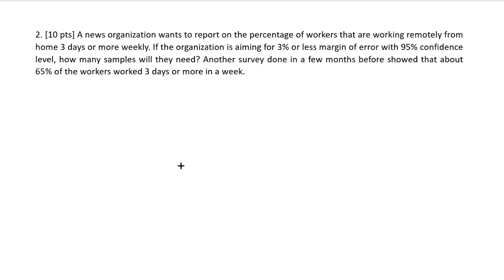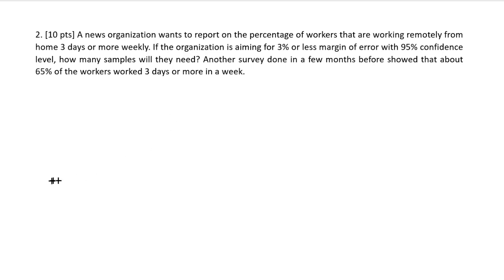Getting each sample requires money. Sometimes you can go with something cheap, like randomly dialing people, but a lot of times you may have to hire workers to repeatedly try to contact someone and pursue that knowledge, right? Okay, so the question is about how many samples.